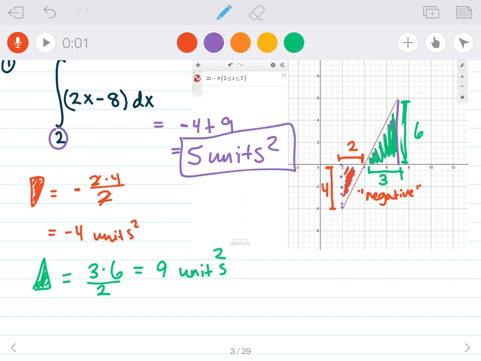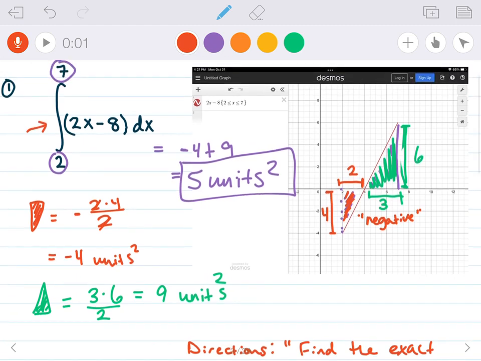Now, the answer would be different if the directions said, find the exact area, without any kind of integral symbol like we have here. And by the way, that symbol looks like an S, doesn't it?